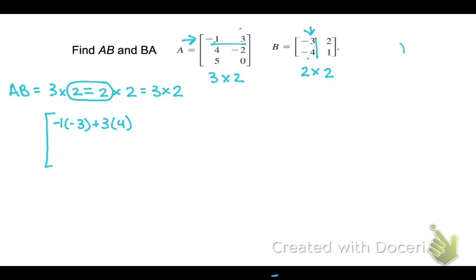Then I'm going to take the first row again by the second column. So this is one term, so we're going to go to the next term. So we have negative 1 times 2 plus 3 times 1.